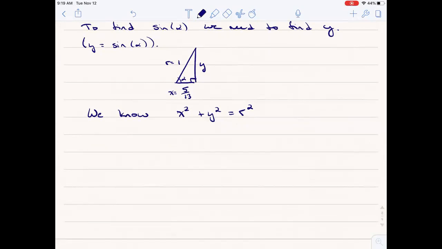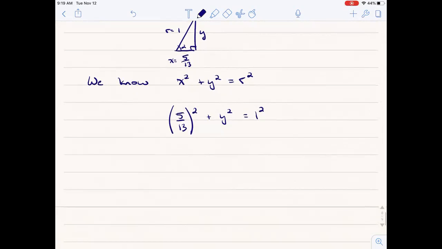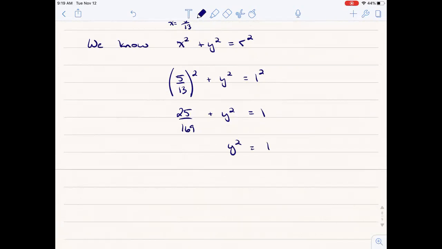So now x squared is 5/13 all squared, plus y squared is r squared, which is 1 squared. 5/13 squared is 25/169, remembering to square both things inside. We're allowed to bring the square in because we're multiplying or dividing, not if we're adding or subtracting. Plus y squared is 1. And so we get y squared is 1 minus 25/169.